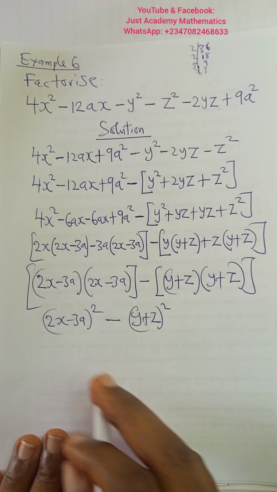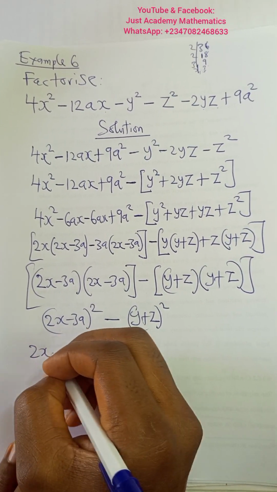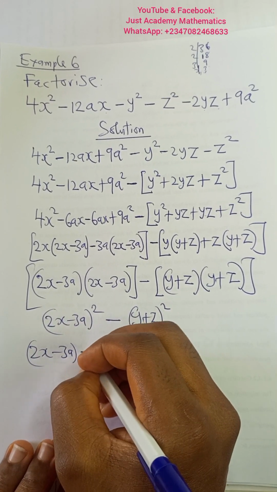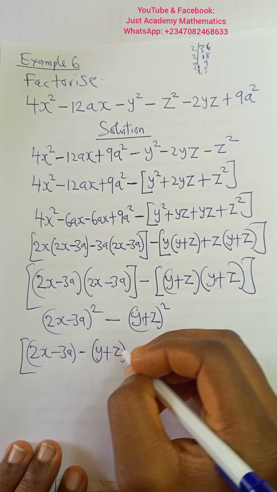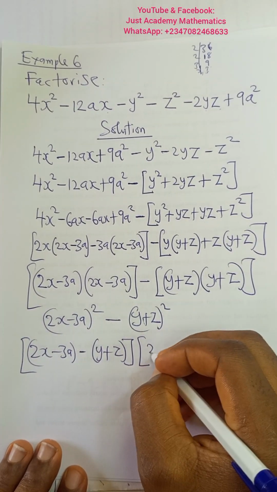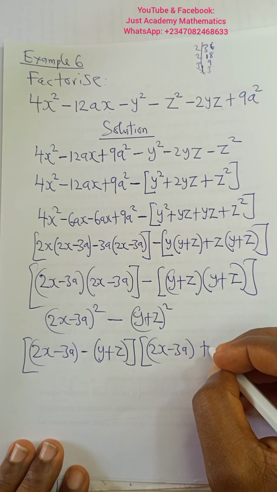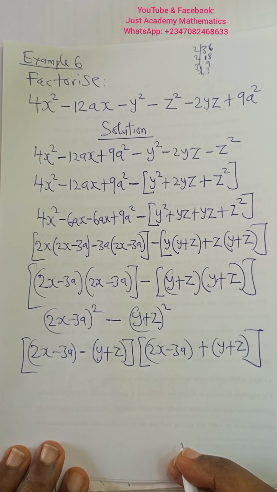So to complete this, use difference of two squares. That is 2X minus 3A minus Y plus Z, then the second bracket, 2X minus 3A plus Y plus Z. Open the bracket and get your answer.